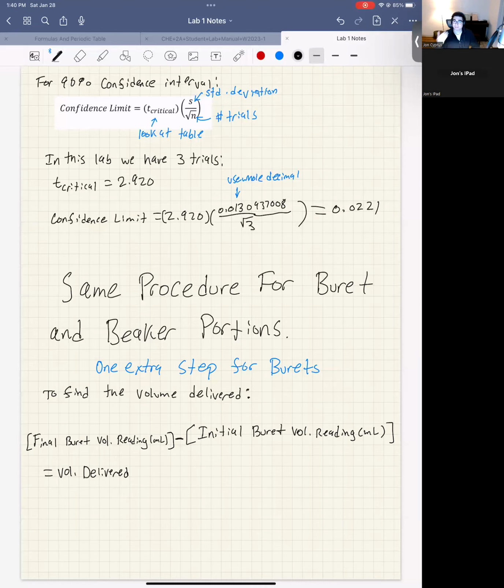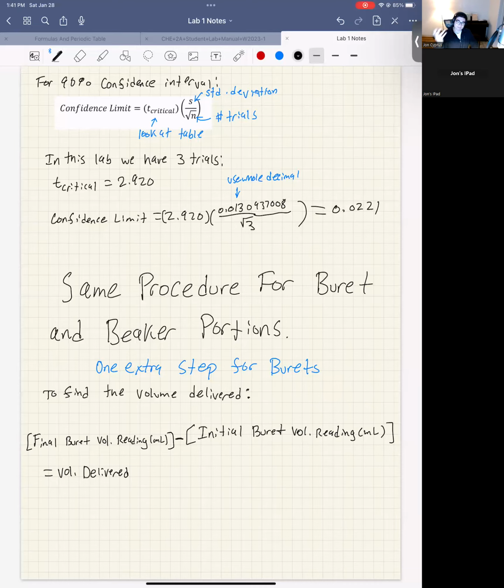You don't have to start at 0, I would recommend against it. But if you started at 0.00 milliliters for your burette, that is telling you how much volume you have delivered right now, which is 0. Now, if you drain some out, like 5 milliliters, you'll see the meniscus at the 5. That means that you have now delivered 5 milliliters.